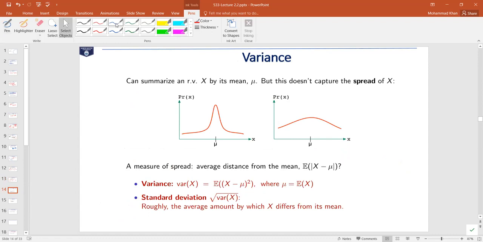Another important concept for a random variable is variance. One important concept is mean or expected value. Now we really want to understand the random variable using mean or expected value.